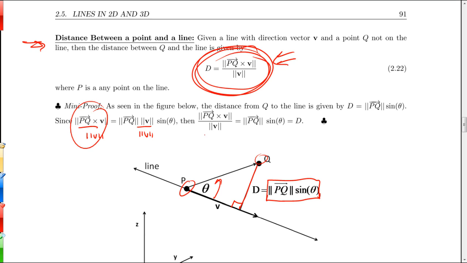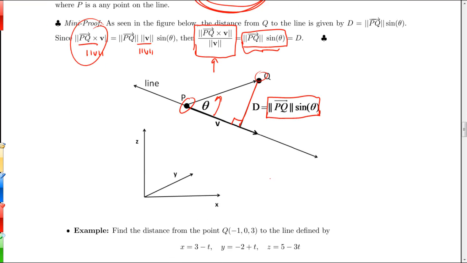So the size of PQ cross V over the size of V is the actual distance you're looking for. So if you have the angle, this is actually easy to do, but you probably won't. So this way we can do some trig without any trig. Again, the beauty of the cross product and the dot product is that you're able to do some trig without using any trig functions.